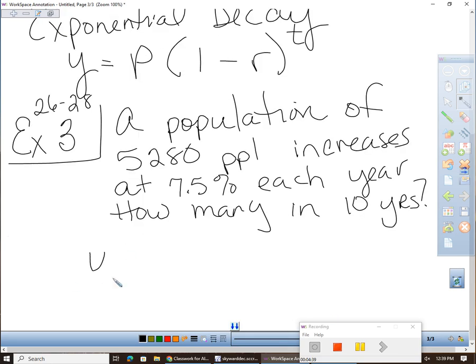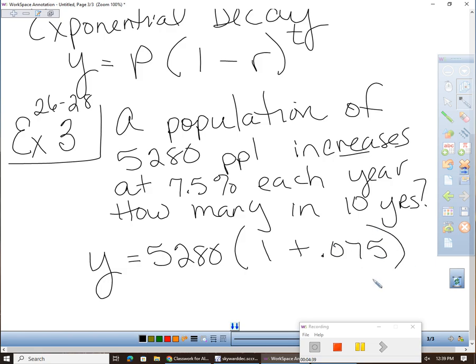So we start off with y equals p is the number of people we have to start with. Yep, 5,280, right, Kaden? Okay. Parentheses, since we are increasing, it is 1 plus. Now, how do I write 7.5% as a decimal? Good. 0.075. And how many years am I looking for? Good.